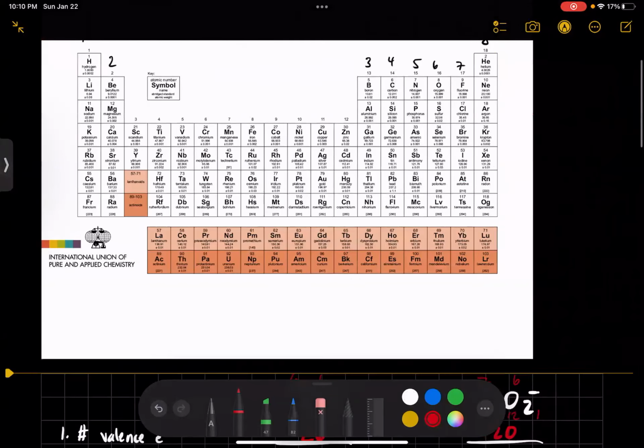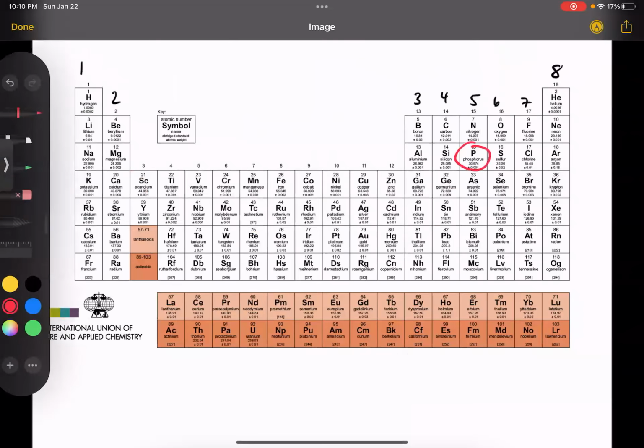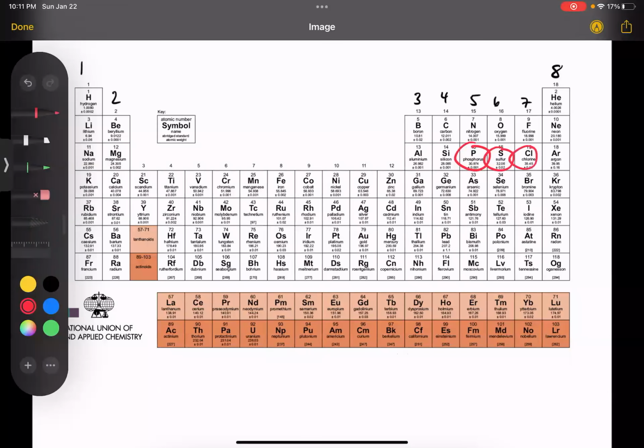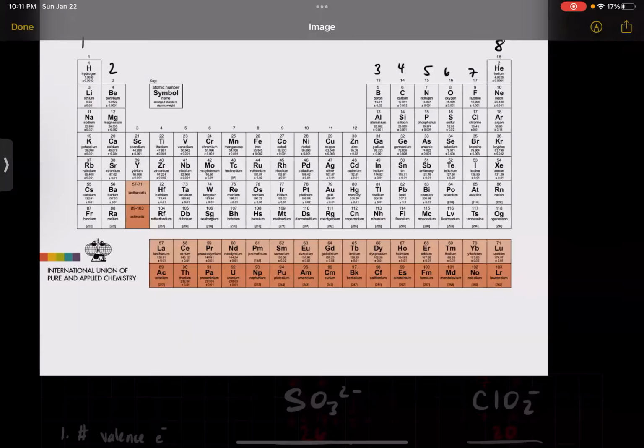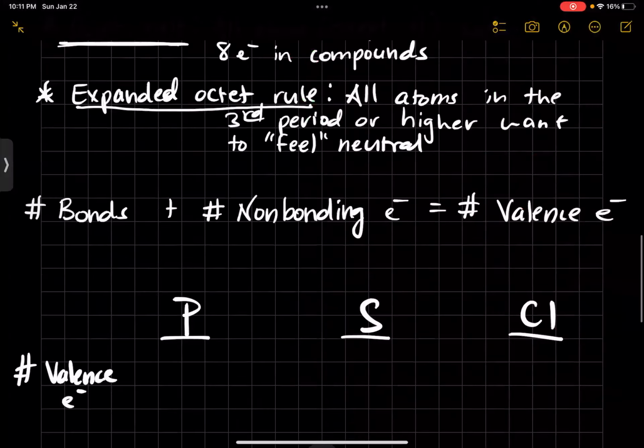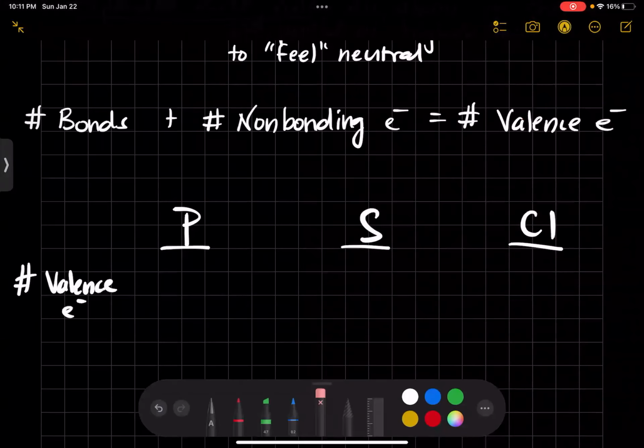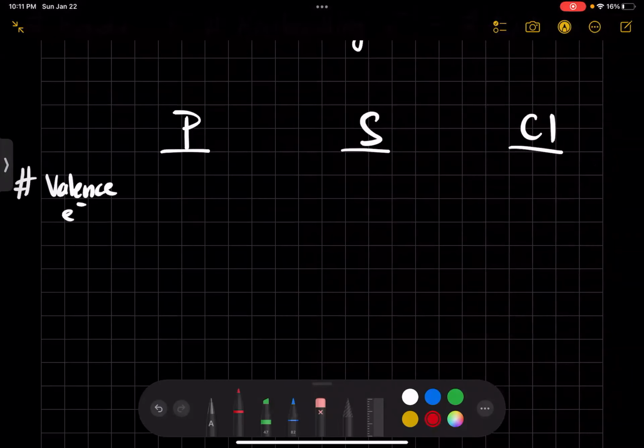If we go to our periodic table, you can see that phosphorus has 5 valence electrons, sulfur has 6, and chlorine has 7. So let's write down the number of valence electrons in this new table. So number of valence electrons, phosphorus has 5, sulfur has 6, and then chlorine has 7 valence electrons.